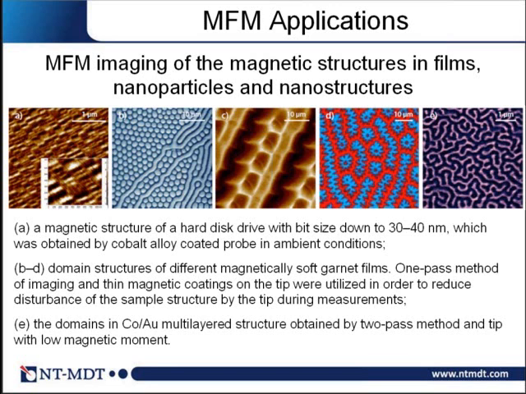Since the magnetic material of a hard disk drive is very hard, you have no problem with disturbance. You can use probes with high magnetic moment materials like cobalt, and you can also have high thickness of the coating, and it means that you have a very good signal to noise ratio, and you can reach very good resolution.